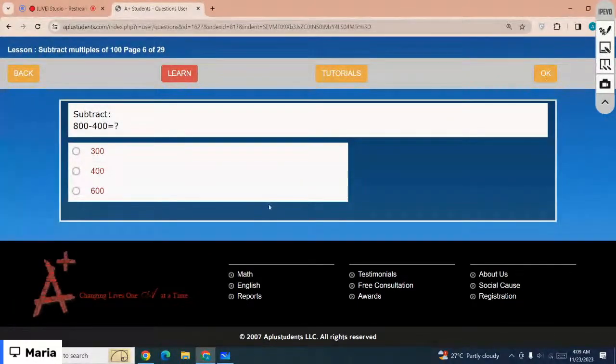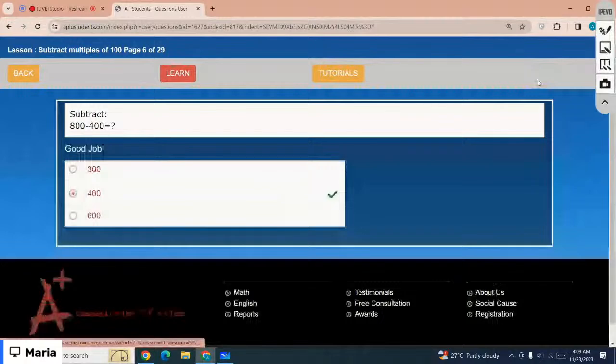You just have to subtract the non-zero values, as both numbers have the same number of zeros.